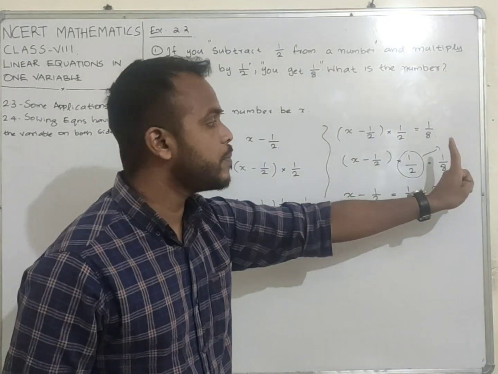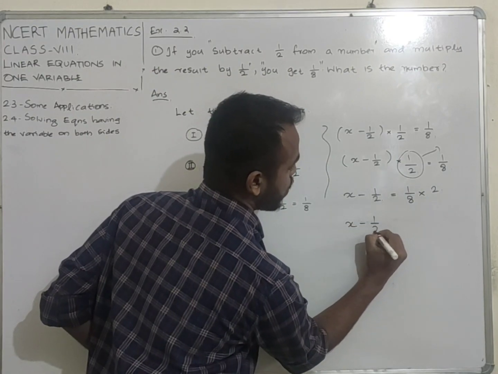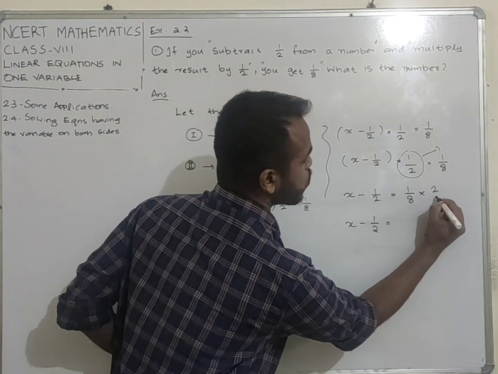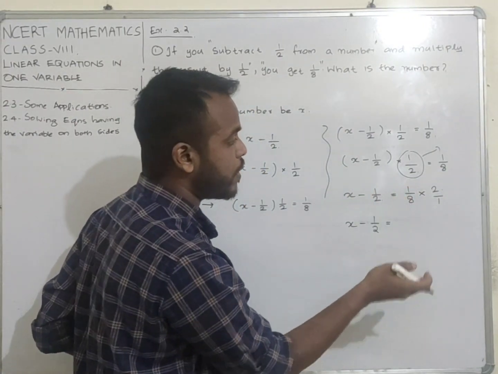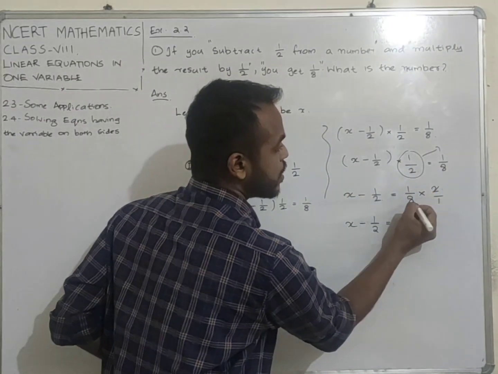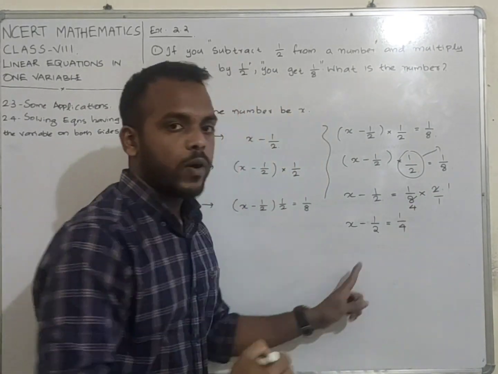While going to the RHS, it becomes multiplied by 2. So this will give us x minus 1 by 2 is equal to, we can cancel this one because this 2 is written as 2 by 1. We can cancel both these numbers by 4 and 1. So this will give us 1 by 4.